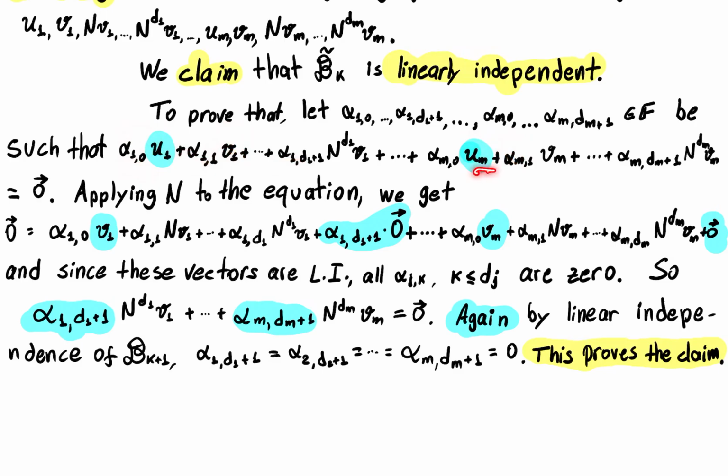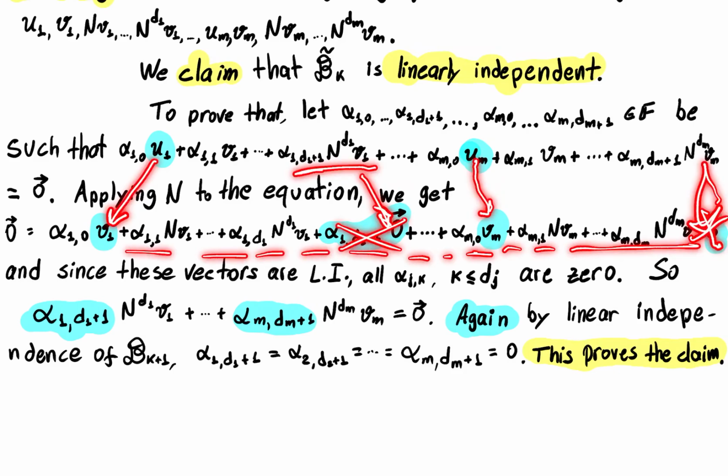And now we know that the basis we had before was linearly independent. So let me write this here. This u_1 became v_1, u_m became v_m. And this one here became 0. So if we discard the ones which became 0, we get a collection of vectors which we knew already was linearly independent. So this gives us that these alphas are all 0.